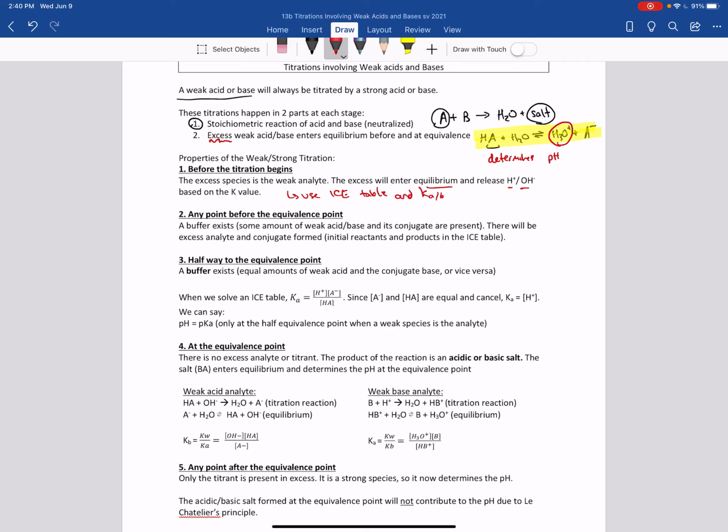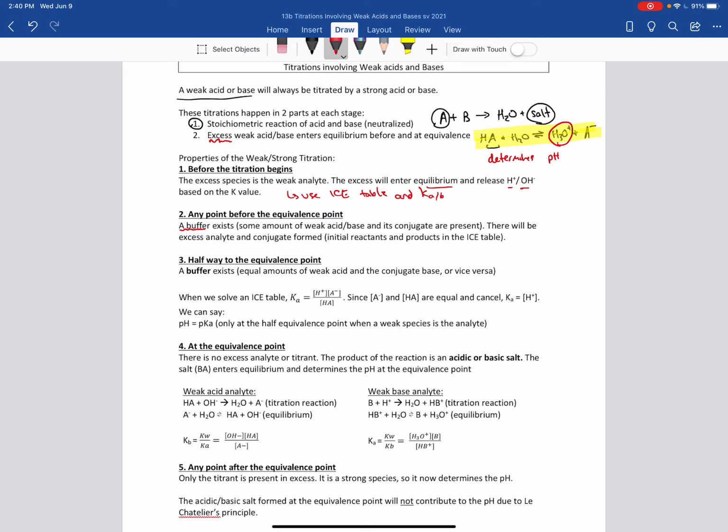After that, at any point before the equivalence point, what we have is a buffer, because during the reaction, some of the sample, or the analyte, is converted to the salt as part of the reaction you can see above in part 1. That salt is the conjugate of the sample. So because there's a substance and its conjugate present, that's what a buffer is.